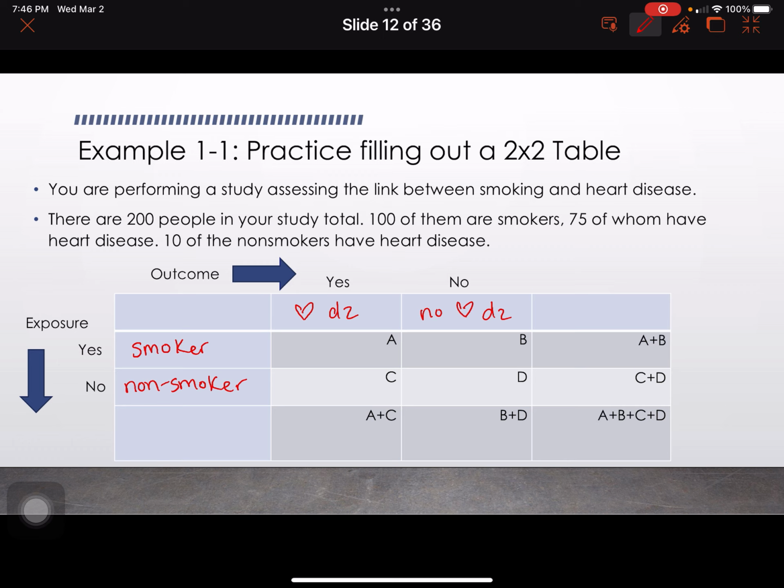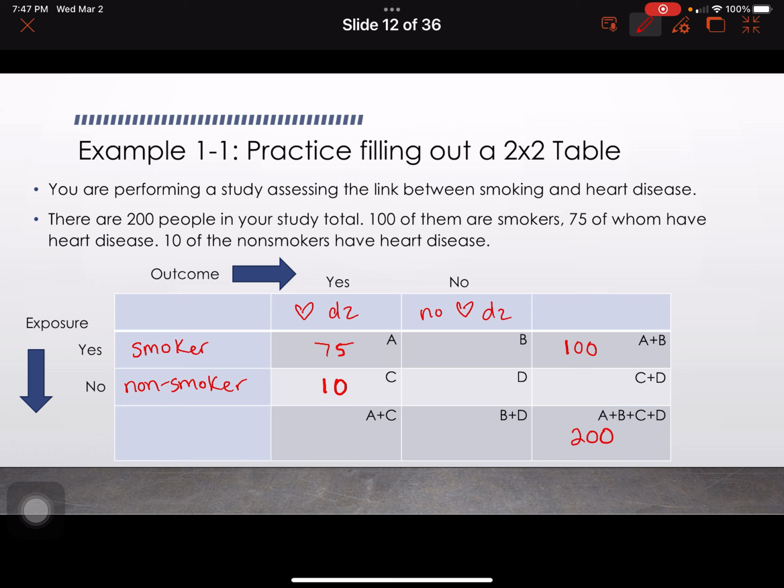We know that we have 200 people total, so that would go down here where our total population sits. We have 100 smokers total, so 100 with the exposure. We know out of those 100 smokers, 75 have heart disease, so those would go here. Now we know that 10 of the non-smokers have heart disease. And that is here.